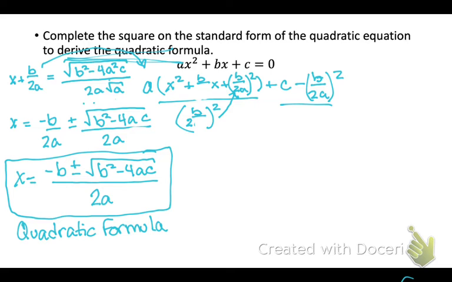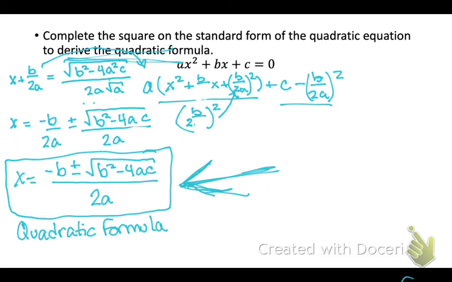I've had students before who hate to factor. They hate doing the a times c and figuring out the factors. So guess what they use every time they get a quadratic equation? They do the quadratic formula. They are really good at it, and it works every time. Even if you can factor it, this works every single time.